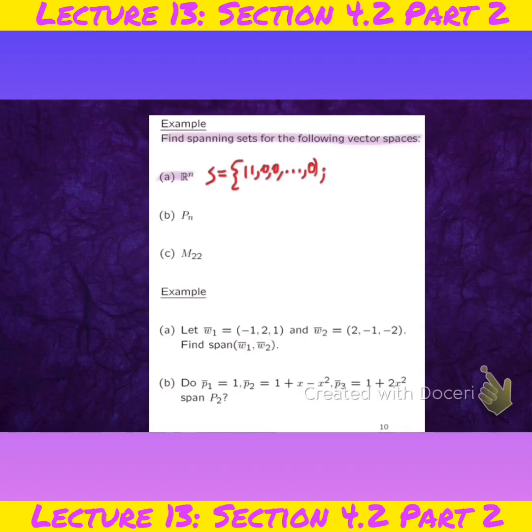That's my first vector, and then I just let the one move component, and I let it go through all the components. So there we have the second vector in my spanning set, and then we carry on right until I have my last standard unit vector, which has a 1 in the last component. All right, so that would be a spanning set.